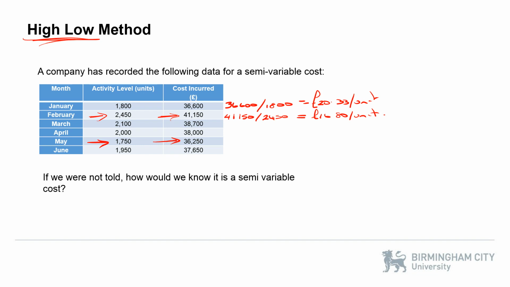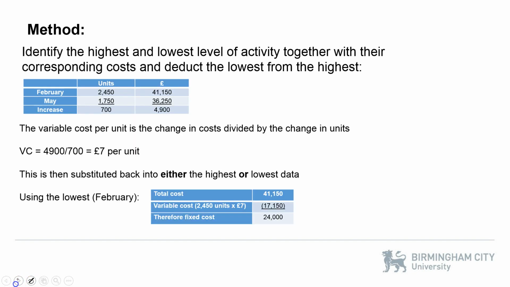So high-low means take the highest level of activity and the corresponding cost, take the lowest level of activity and the corresponding cost. So that's what we have here.